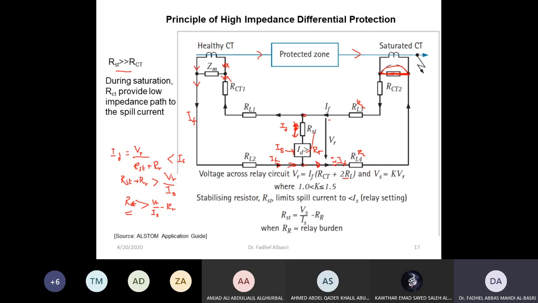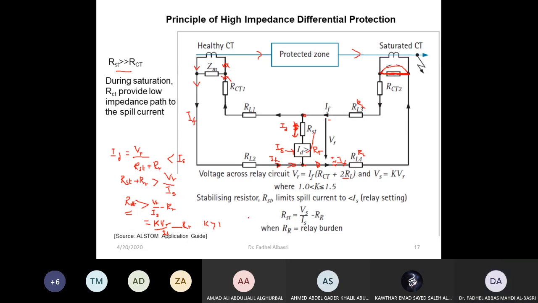Now, how much higher? They said you can choose 1.5 higher. It could be 1.2, 1.3, 1.4, up to 1.5. So I can say R stabilizing is equal to a K factor times VR over IS minus RR, where K is a factor greater than 1, which makes this higher than this.